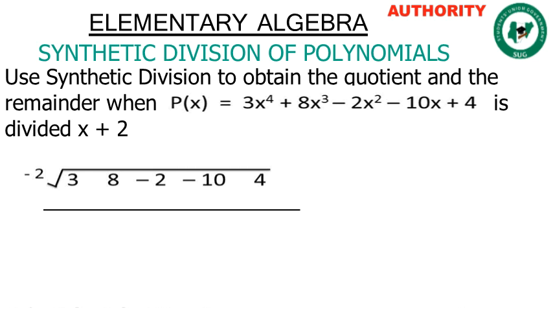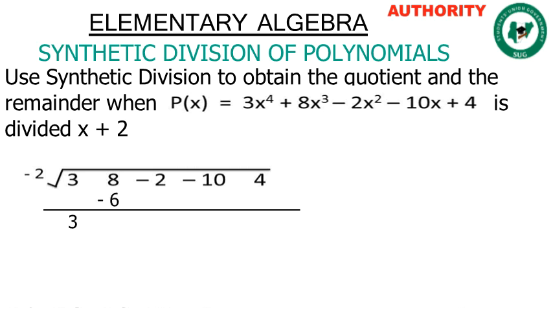Good. Now let's go. We're going to bring 3 down, that is our first coefficient. Then you say minus 2 times 3. Minus 2, which is our divisor, times 3, which is our first coefficient, gives minus 6.